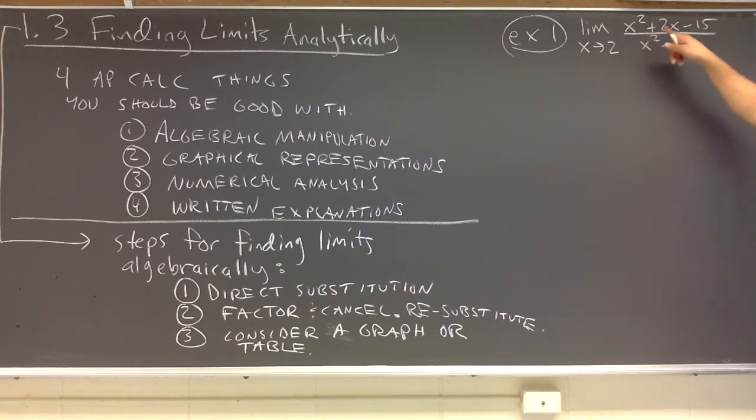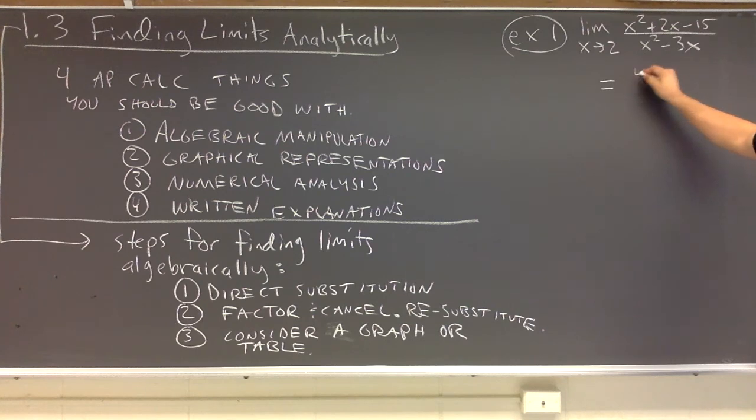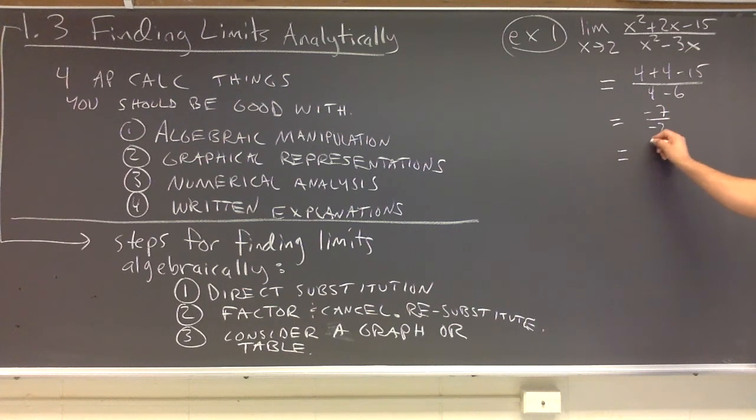And if we're able to just plug 2 in, we're going to do that because that'll be the answer. Plugging in 2 should be fine because if I plug 2 into the denominator, you're not going to get 0. So you have 4 plus 4 minus 15 all over 4 minus 6. So what is that? 8 minus 15. That's negative 7 over negative 2. So here we get 7 over 2 or 3.5. Okay? So that would be the answer for that example.